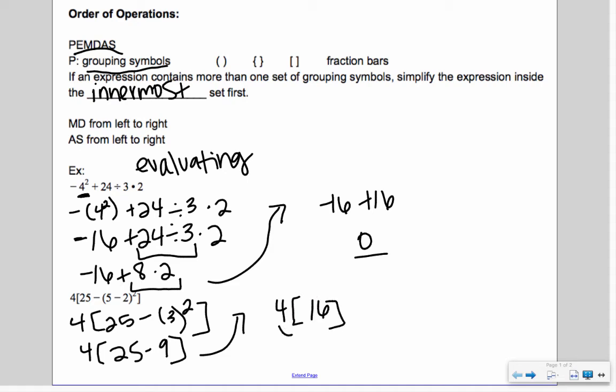Now, when you have a number in front of parentheses or a bracket, that means multiply. You need to understand that. That's understood. We're not going to put a multiplication sign here. It's not necessary. So 4 times 16 is 64. Some of you probably knew that without having to do the math, which is great. So that's how you simplify that.